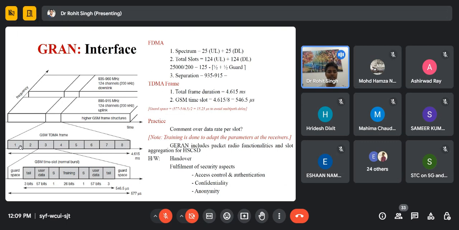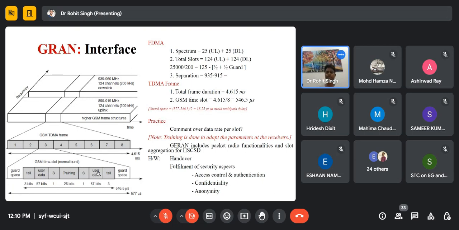For example, a TDMA frame consists of 1, 2, 3, 4, 5, up to 8 slots. And in each slot, you have different entities to be transmitted: guard space to prevent delay, tail and synchronization symbols, and training symbols. Out of which you have only 57 bits here to be transmitted as data.